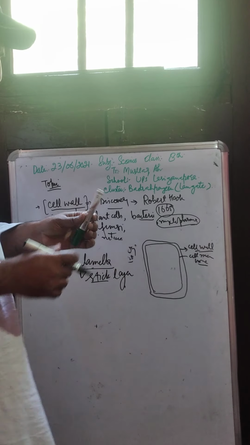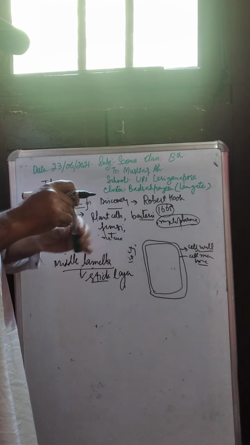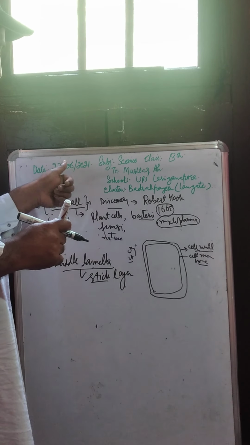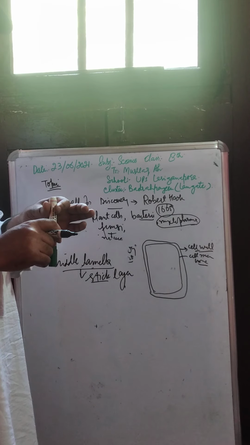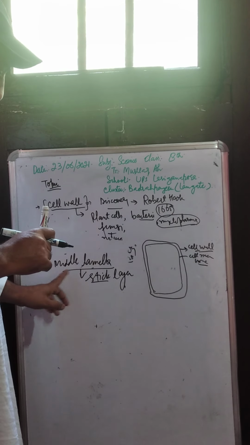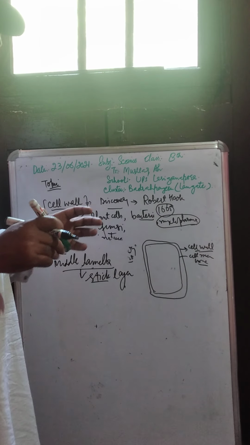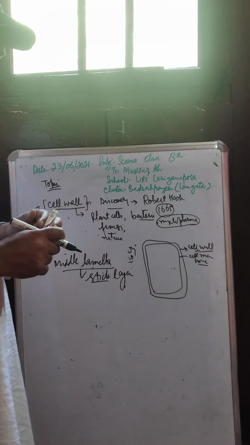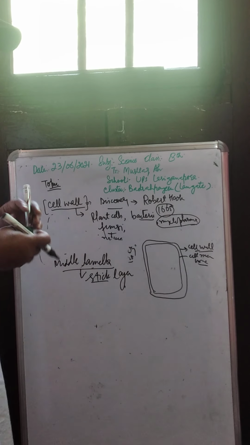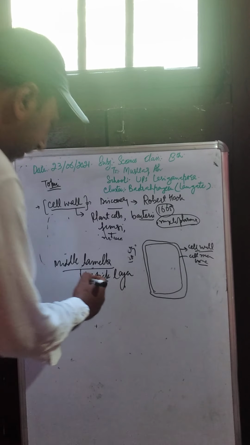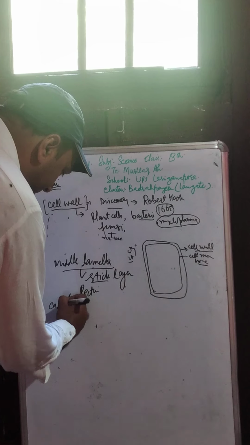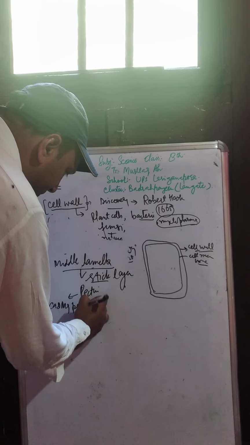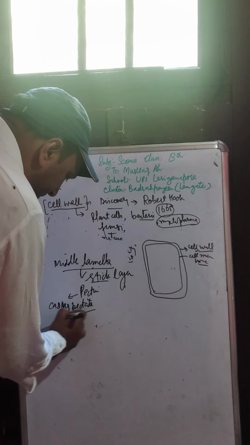Sticky means, for example, if you have gum and you put this gum on the wall, it sticks. In the same way, the middle lamella is a sticky layer, and it holds the cell layers together. This middle lamella is made up of pectin. This pectin is in turn made of calcium and magnesium pectate. I will tell you what this calcium magnesium pectate is.